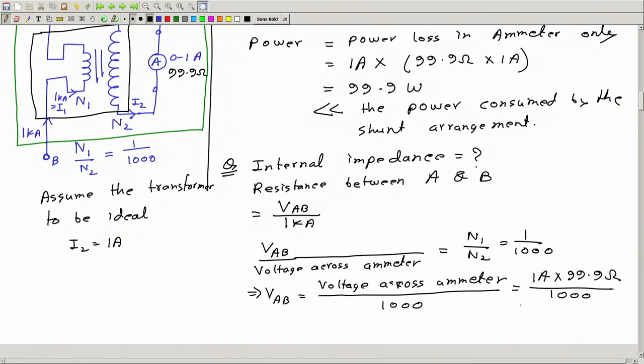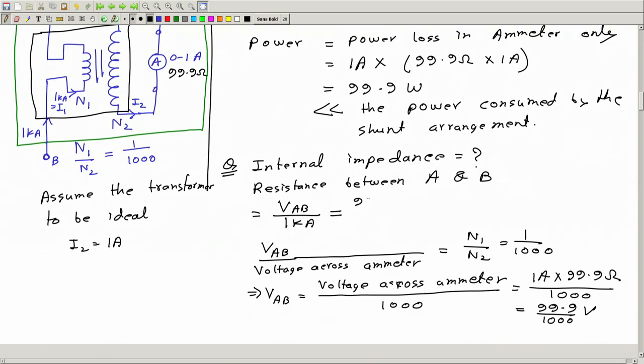So this is equal to 99.9 by 1000 volt, and from this we can write the internal resistance as VAB by 1 kiloampere.